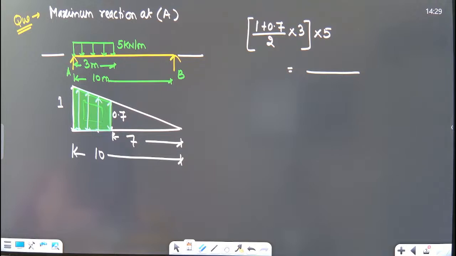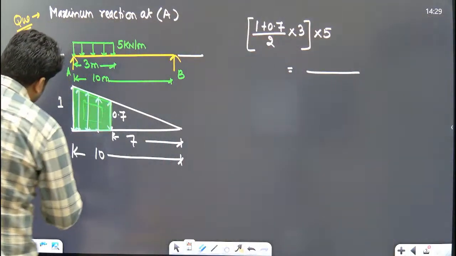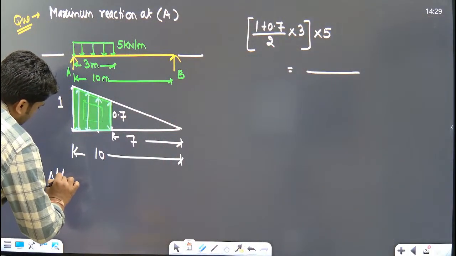Yes or no? Solve this question. So UDL can be treated as infinite number of point loads. So I will take up the note over here.